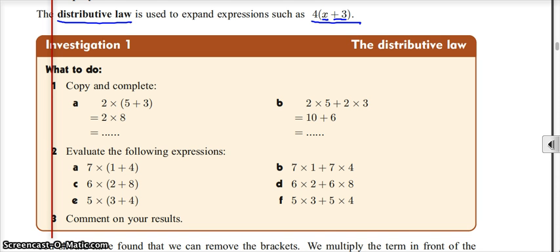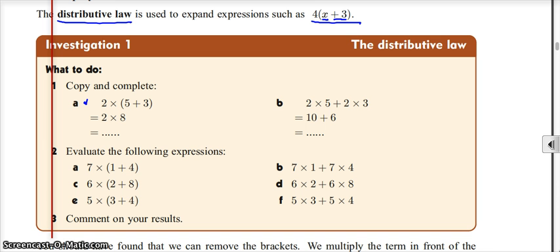You've had plenty of laws in your past about mathematics. If you just have a look at this first one, A, 2 times 5 plus 3, what rule is being used there, Harry, in order to get 2 times 8? What rule or law that you've learnt about in your past? Any idea? No? Connor? Everything inside the brackets is affected from outside the brackets? No, not quite. We're not using that just here. Jake?